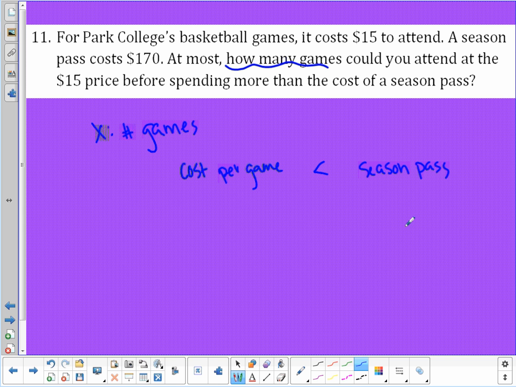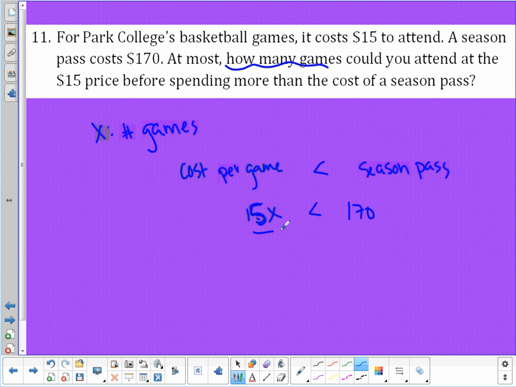The straight up cost per game is $15 to attend, so it's just $15 times the number of games, X. I want that to be less than the cost of the season pass, so I'm going to set that less than 170.